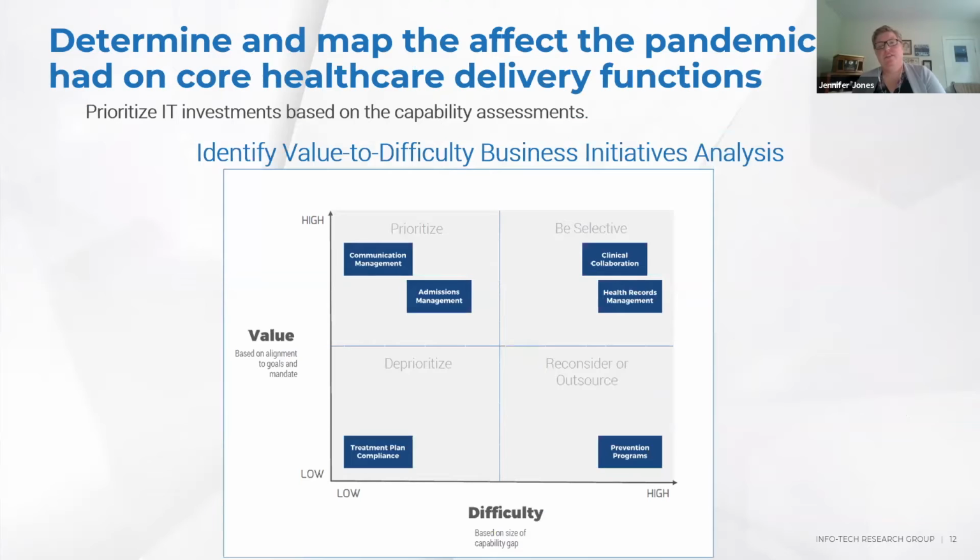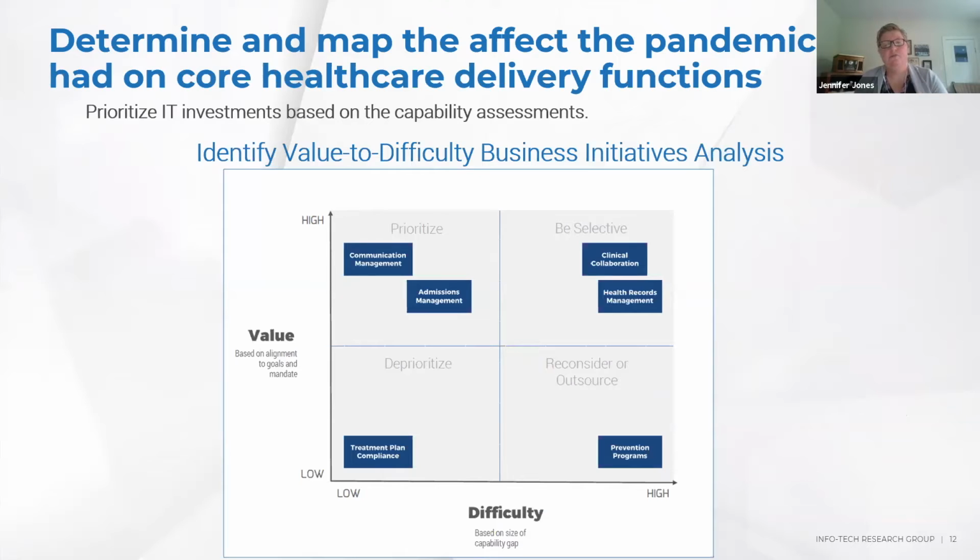Another outcome of this exercise is to really focus on the core health delivery functions. So which areas need to be prioritized? We do that through a quadrant, and we look at a value to difficulty matrix and plot different capabilities within the quadrant.